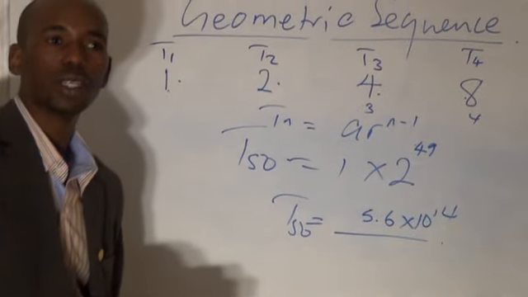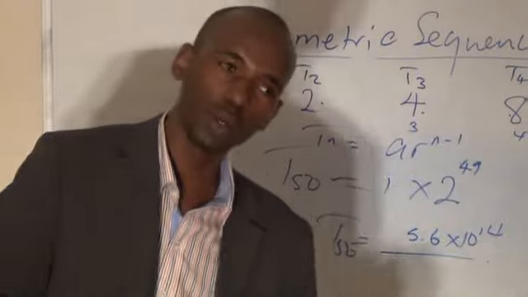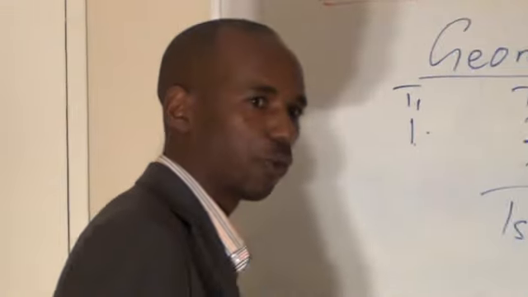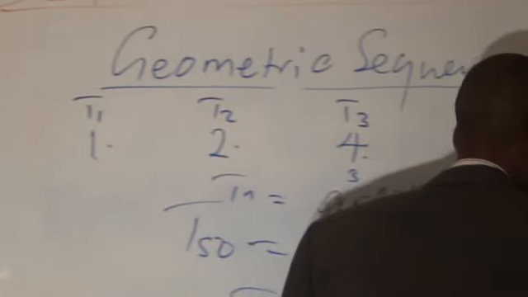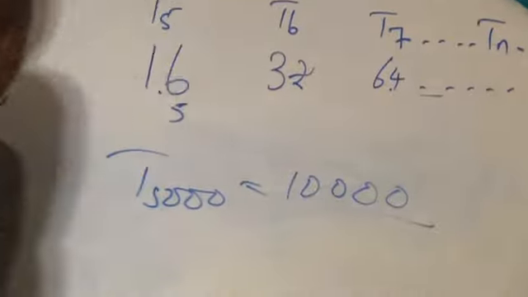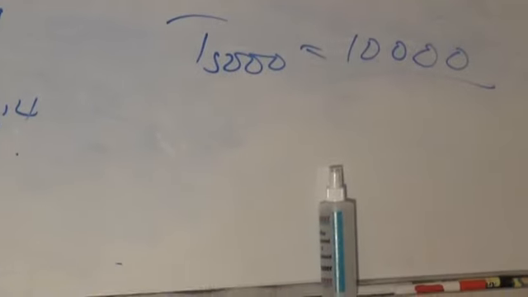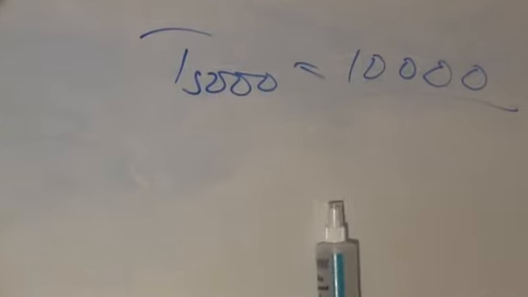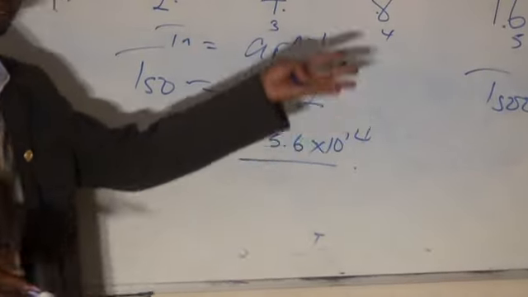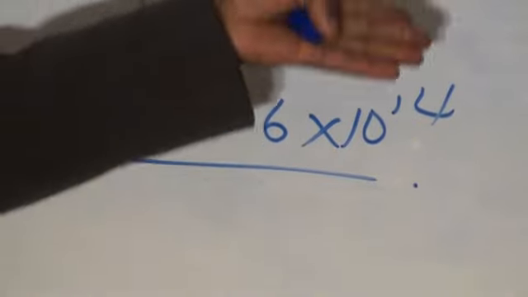If you compare this to our arithmetic sequence, we could see our arithmetic sequence was very manageable. We even saw that in one of the cases, T5000 was just equal to 10,000. Compare that now to T50, just 50. Look at that. That's 5,000 terms; the 5,000th term is only 10,000 for that arithmetic sequence.